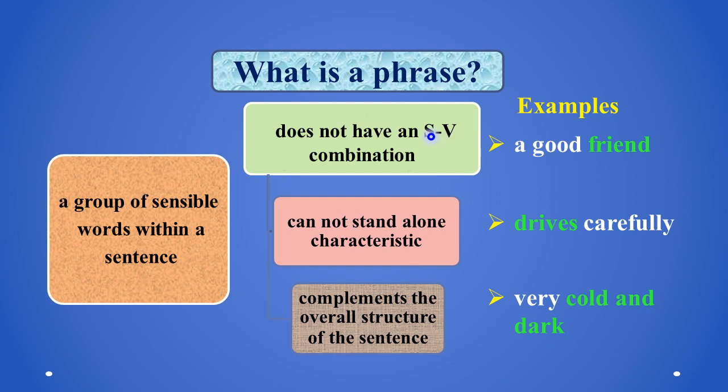When it is part of a subject, verb is not there. When it is part of a verb or object, subject is not there. When it is part of an object, it might miss both subject as well as verb. This is the reason that it is also said that a phrase cannot stand alone.